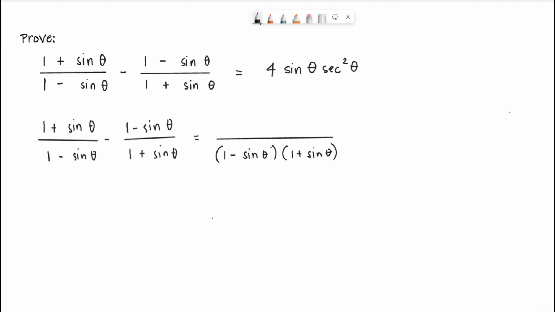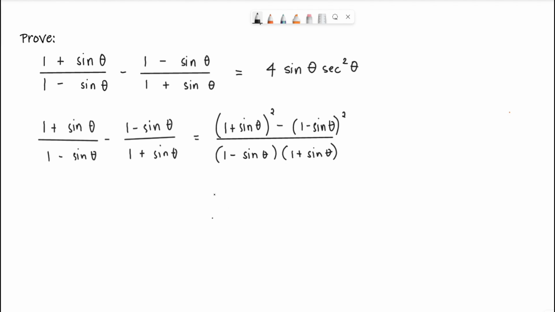Since both of them have the same terms, we'll just have 1 plus sine theta, and then we square this whole term. Copy the minus sign, and then we divide this LCD by our denominator, which is 1 plus sine theta, and canceling out 1 plus sine theta, we are left with 1 minus sine theta, and multiply it to the numerator, which is 1 minus sine theta as well. We will now have 1 minus sine theta quantity squared.